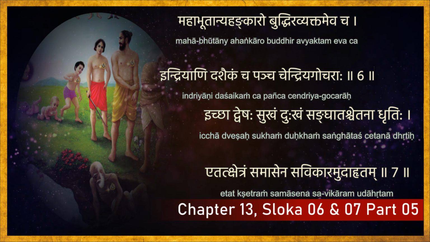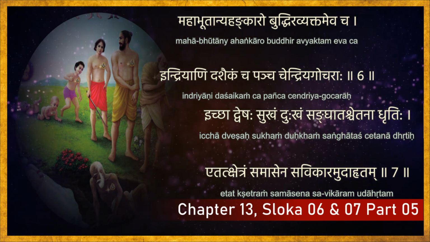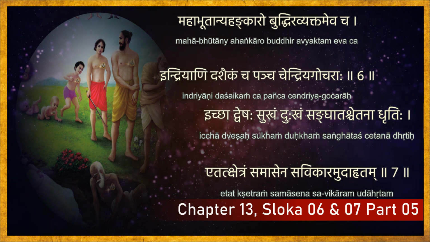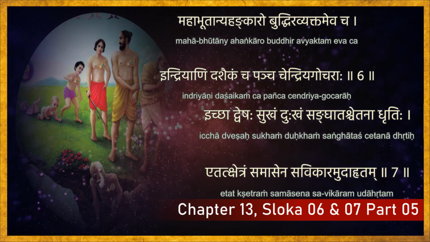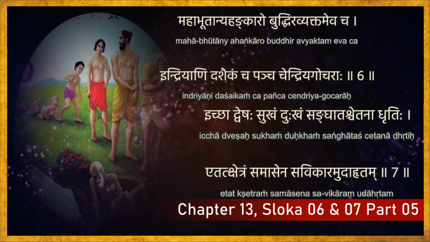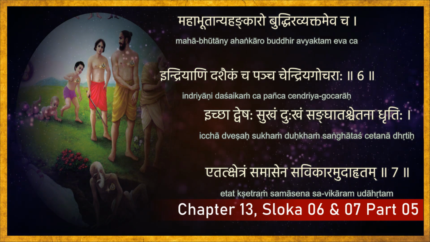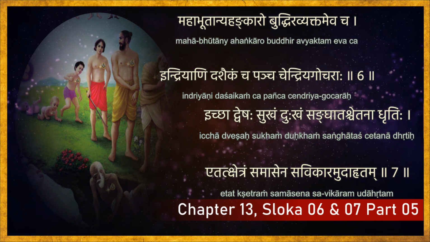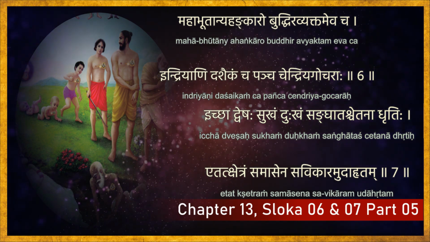Because this is tanmatra, it cannot be perceived. From this sparsha tanmatra, what comes is a second element called vayu, air. So, the sparsha tanmatra is a new tanmatra which has sparsha, which was not present in the previous tanmatra or previous element.